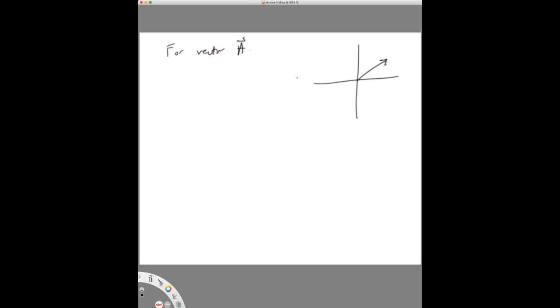Okay, so if we draw vector A, then we have AY being the opposite side and AX being the adjacent side. So far, I have always been drawing these vectors in the first quadrant, because in the first quadrant, it's really easy to see which trig function goes with which component.